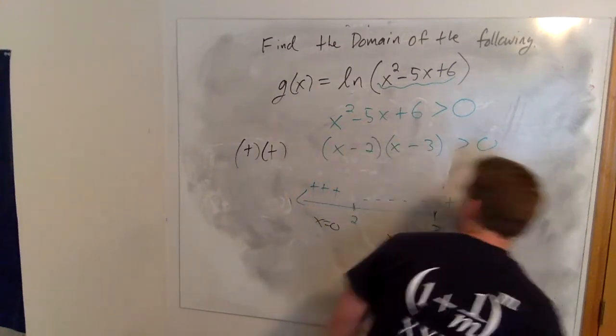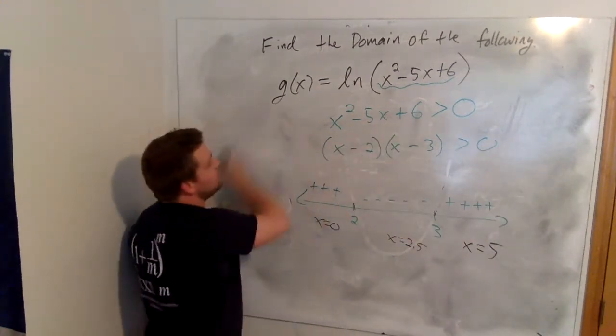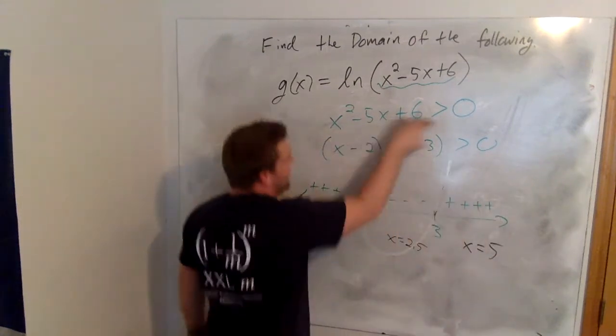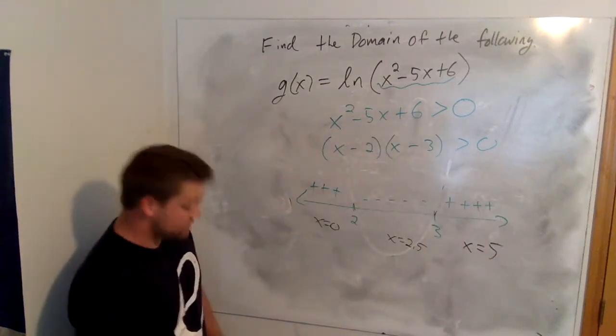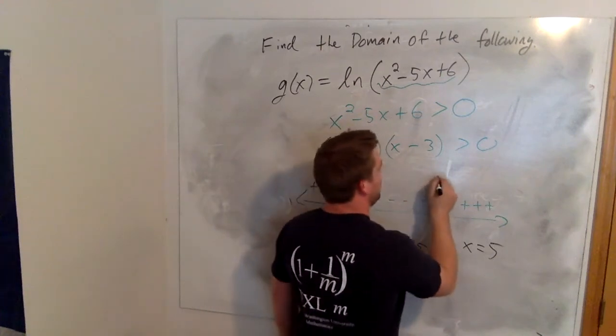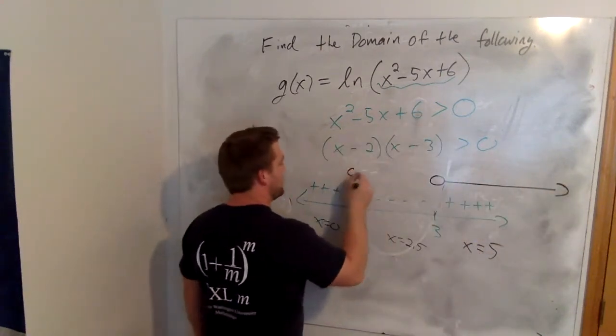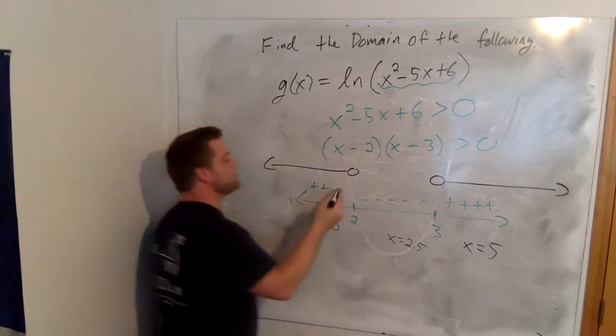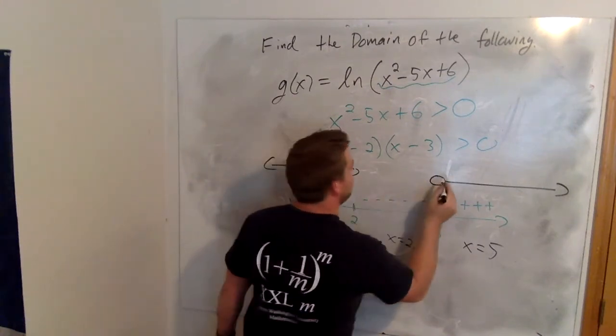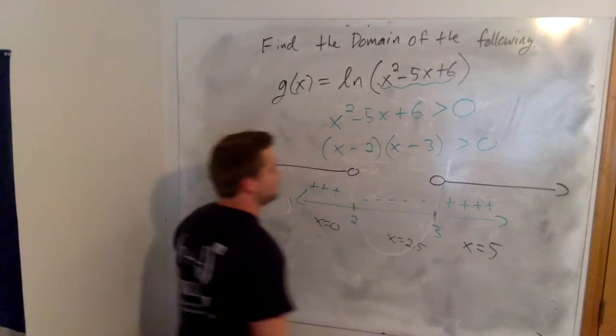Okay. So with our sign chart here, now we can think about, when is this quadratic bigger than 0? Well, when x is bigger than 3, or when x is smaller than 2. Notice I can't include 2 and I can't include 3 because I need to be strictly bigger than 0.